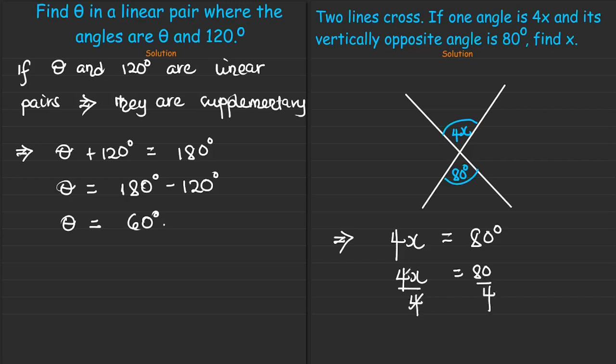So this 4 cancels out this 4, and then 4 divides 80 20 times. So it simply means x is equal to 20 degrees. And that is all. Solving questions under this topic is very, very easy if you know the properties.